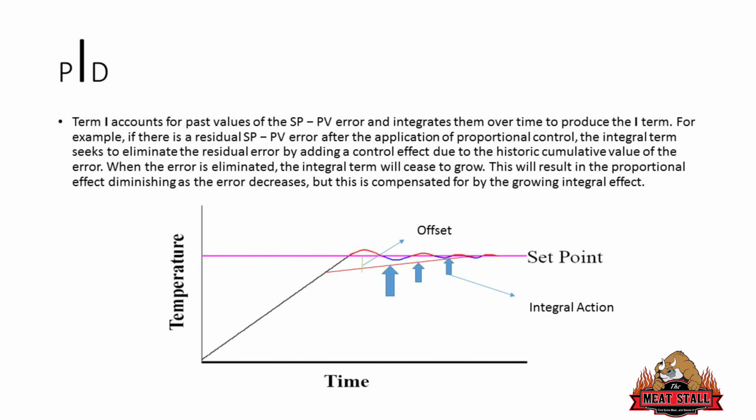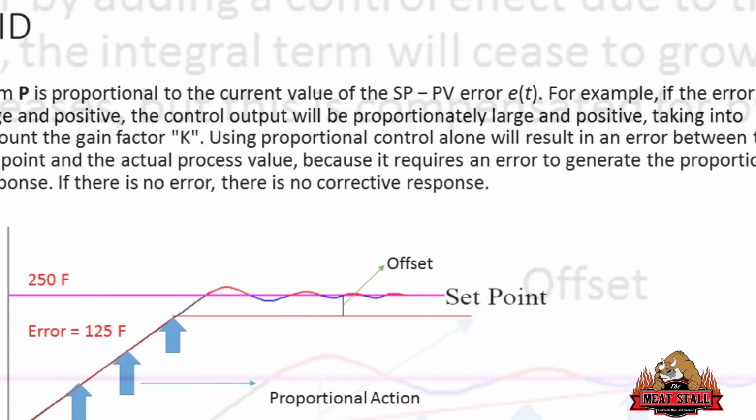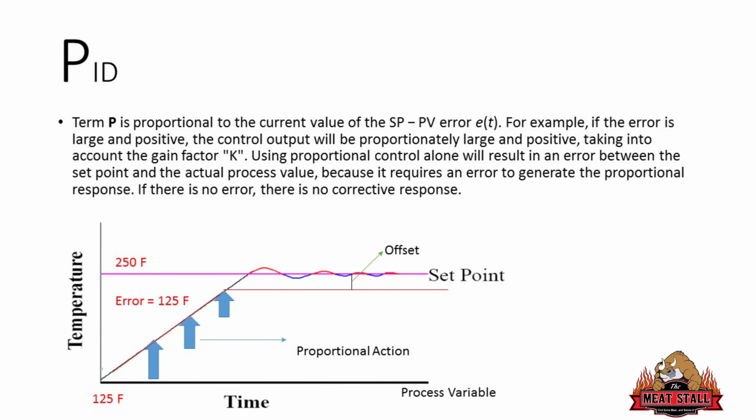Basically, what integral does, you remember here, when we went back to our first, look right here at the offset and think back to the first slide. The first slide showed where the proportional would keep us. It would keep us right here.